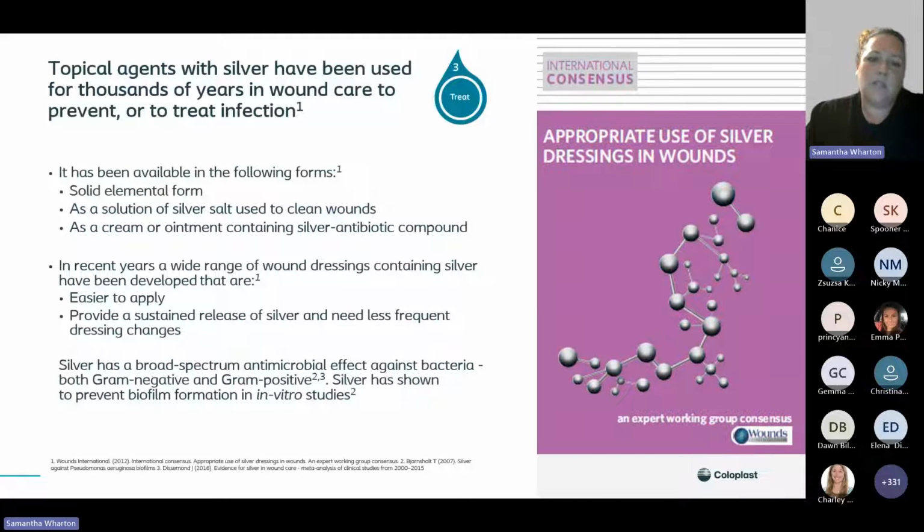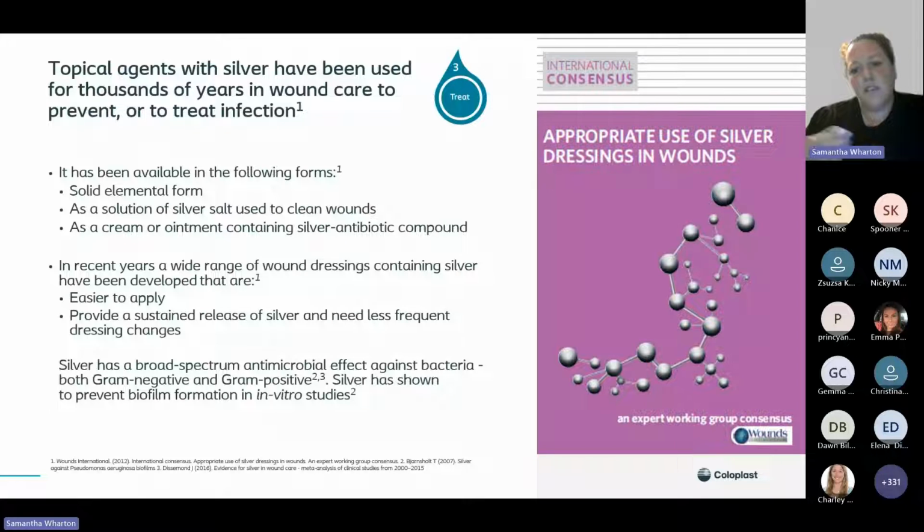Topical agents with silver have been used for thousands of years in wound care to prevent or to treat infection. Again, they're available in different forms, but over recent years, with these advanced wound dressings, they're now available within the dressings. That means they're easier to apply, and they provide a sustained release of silver, which means less frequent dressing changes.